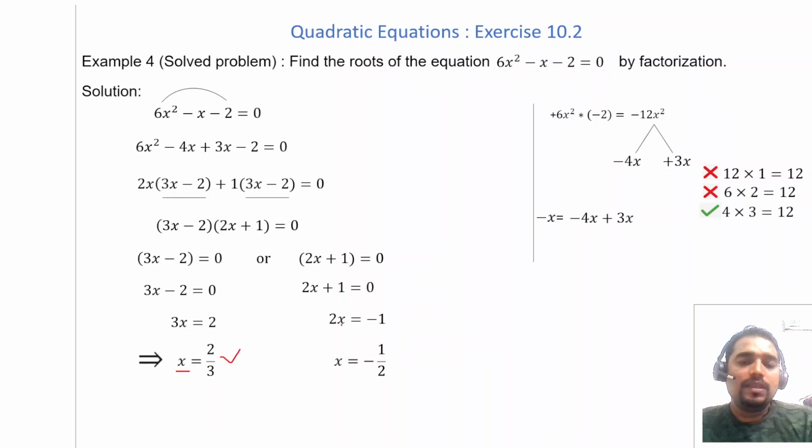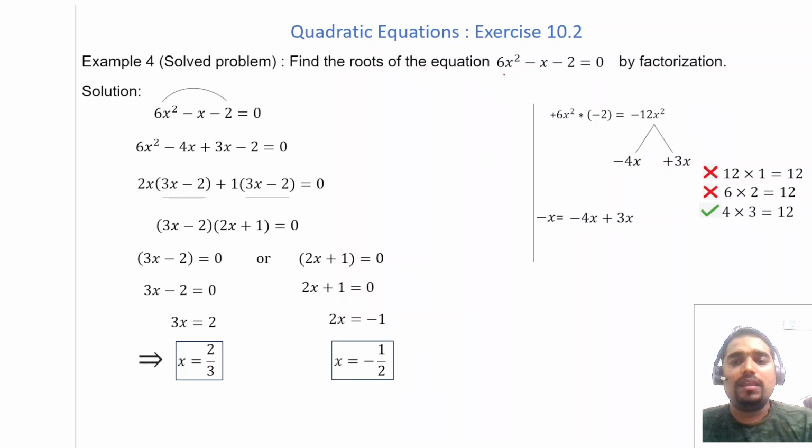Similarly 2x is equal to minus 1, which means 2 is getting multiplied by x; upon transpose, 2 would get divided on the RHS, therefore on the RHS we have minus 1 divided by 2, which is minus half. Similarly we got x is equal to 2 by 3. The two answers for x are x is equal to 2 by 3 and x is equal to minus half.